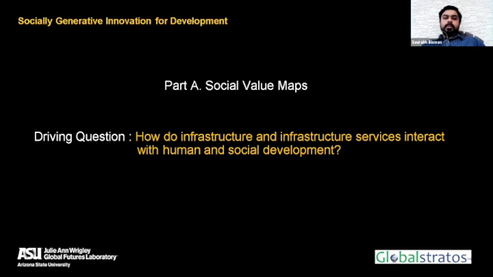So a broad driving question here is, how do infrastructure and infrastructure services interact with human and social development? Now, this question is intentionally broad so that we can refine it as we get more information.